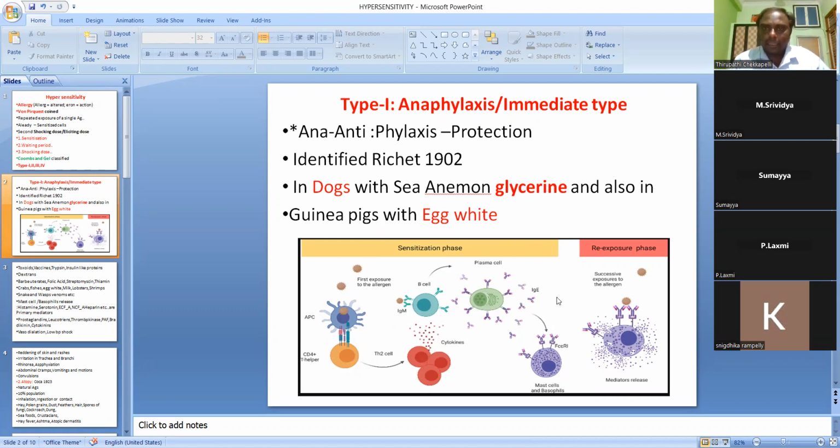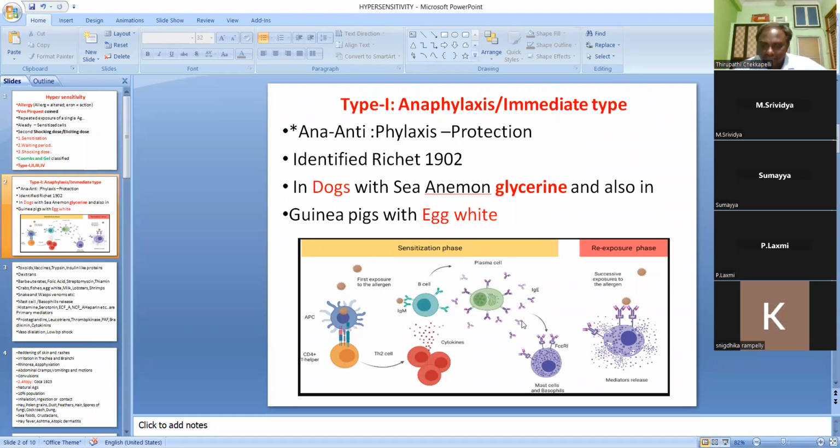I told you during the cells of the immune system, mast cells and basophils contain on their membrane some receptor proteins for IgE antibodies.